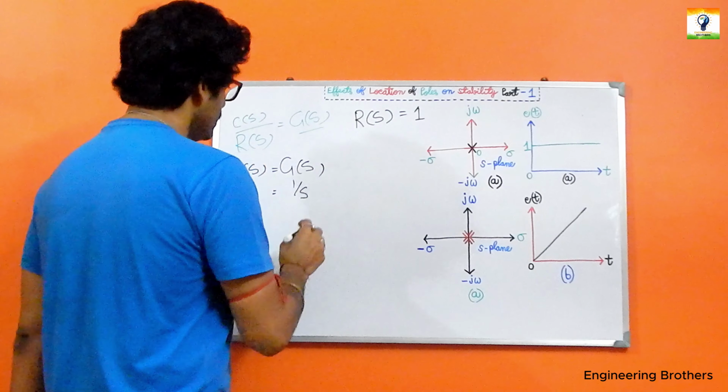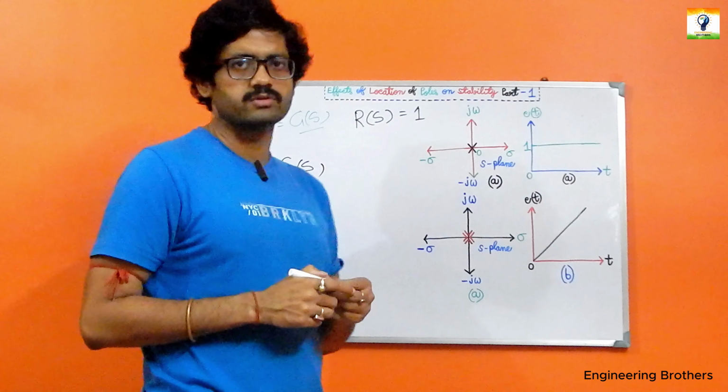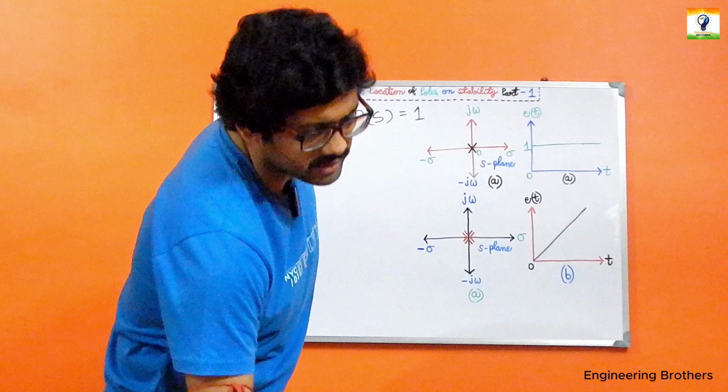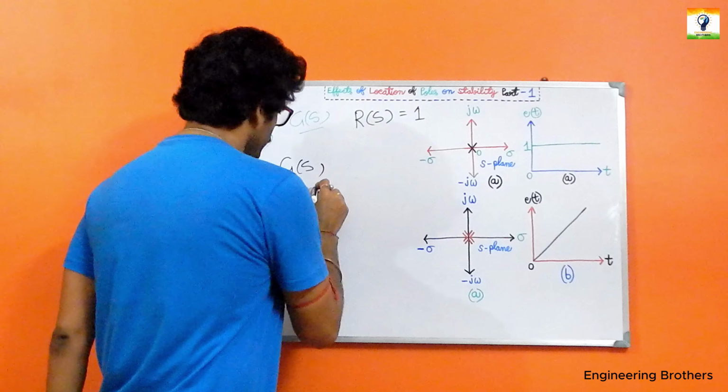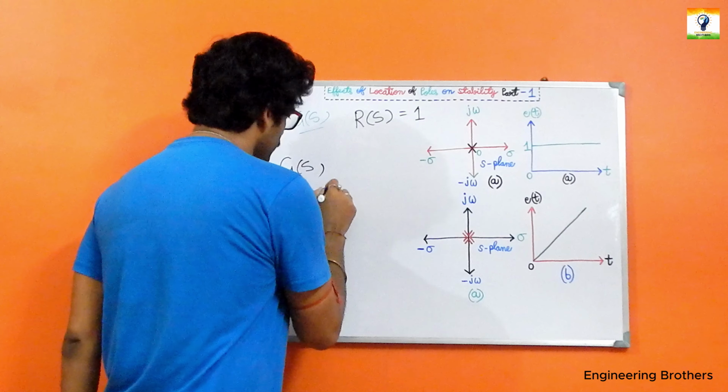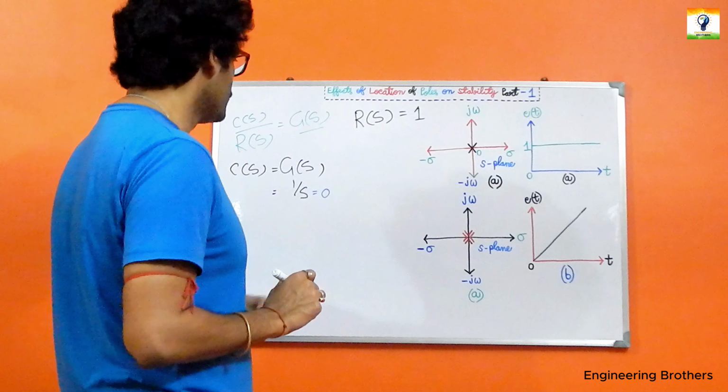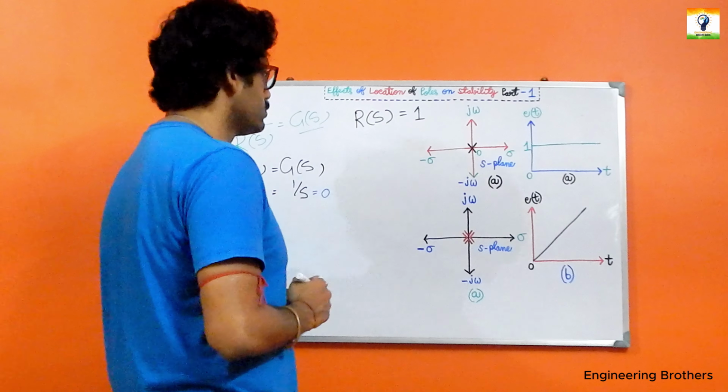Why? Because according to the definition of pole-zero plot, if you put the denominator part equal to 0, that gives us the poles.